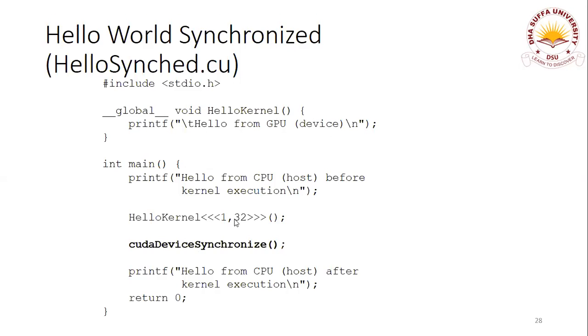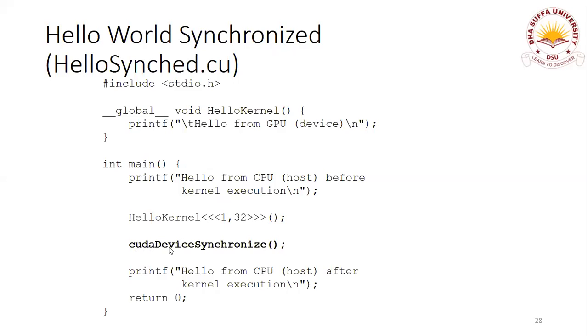On the GPU, we are going to launch one block of 32 threads. Each thread is going to execute this function, which means that you are going to have 32 statements: hello from GPU, hello from GPU, hello from GPU.